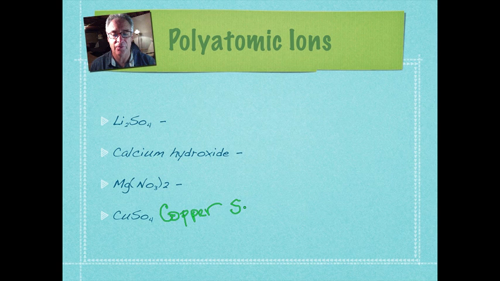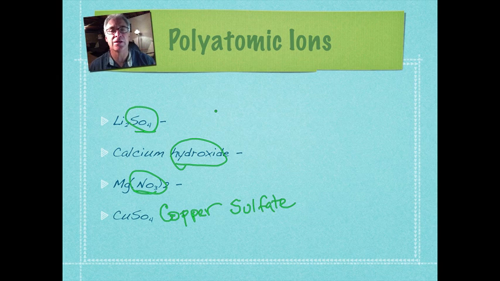And we'll just put sulfate. Again, we got all of these from our polyatomic chart. And that's what you're going to need to complete the worksheets I'm going to give you, so you can have more practice working with polyatomic ions. And again, you'll need that chart to make that happen.